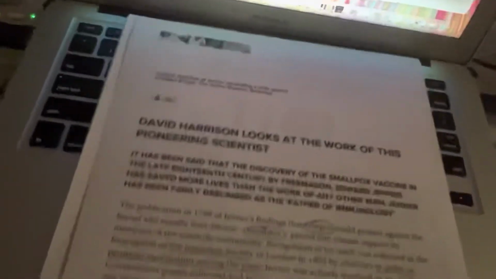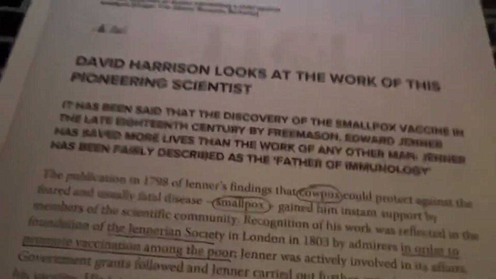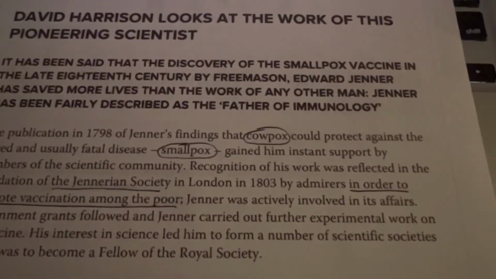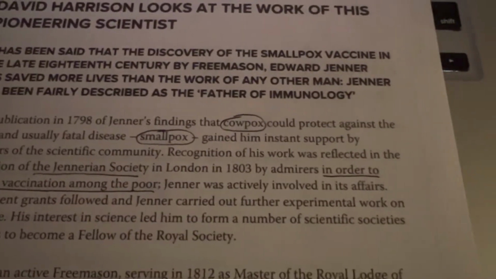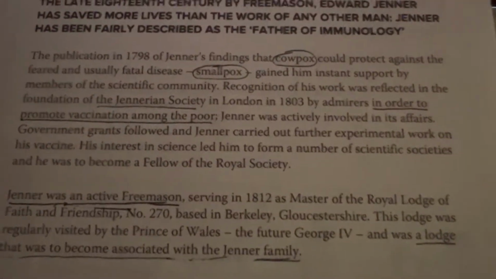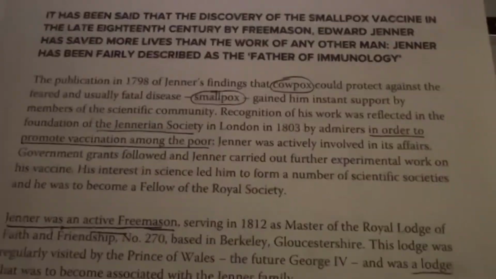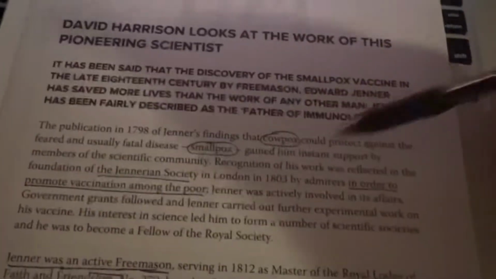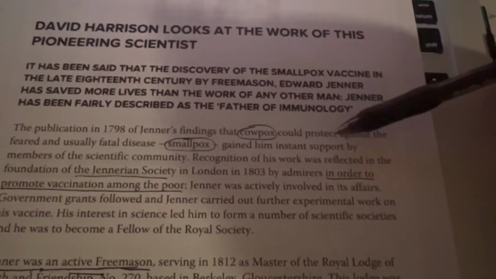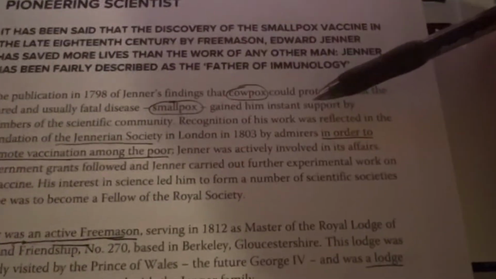And in this article, which you can download and read for yourself, it talks about the publication in 1798 of Jenner's findings of cowpox, because he was the one that discovered the cowpox vaccination. And this was for smallpox, gained him instant support by members of the scientific community.